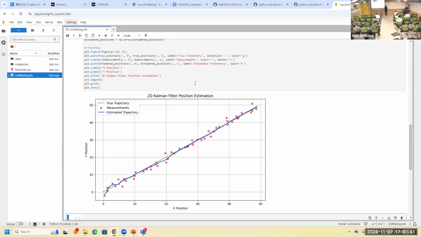Okay, so in this case, sigma 1 is equivalent to 0.1, and sigma 2 is 0.3.